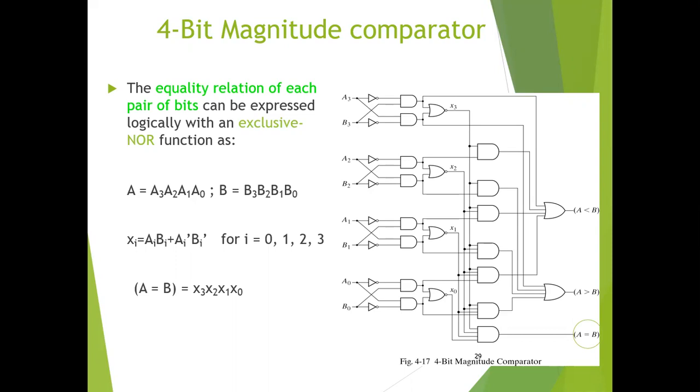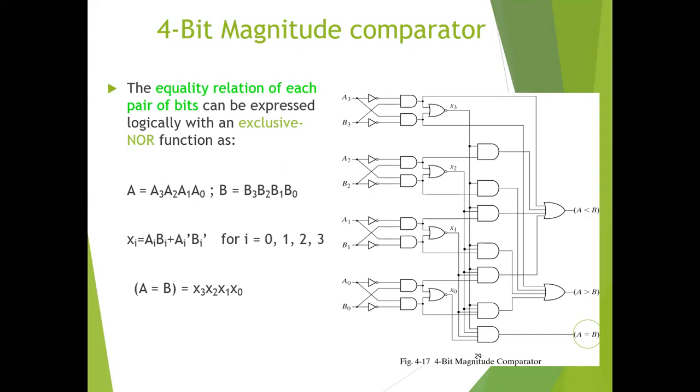In this algorithm, we consider two numbers, A and B, with 4-bit digits, and we write their coefficients in descending order as A is equal to A3, A2, A1, and A0, and B is equal to B3, B2, B1, and B0.